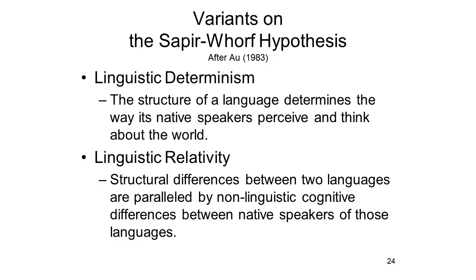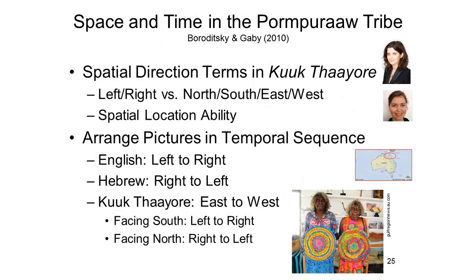Its strong form is known as linguistic determinism, that basic cognitive processes differ depending on the language one uses. A weaker form says merely that there are parallels between the structure of a language and the way that speakers of that language think. Here's a famous example of the Sapir-Whorf hypothesis, studied by Lera Boroditsky and Alice Gaby.